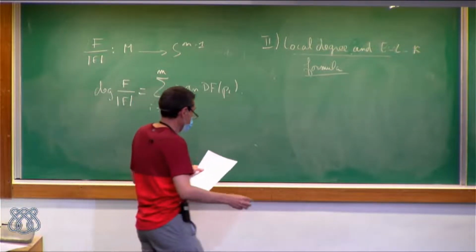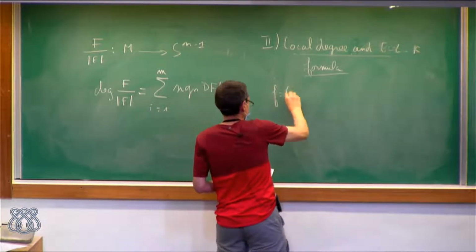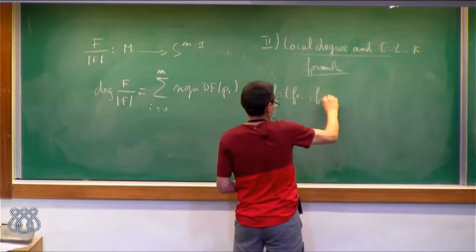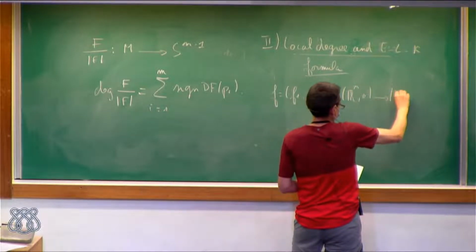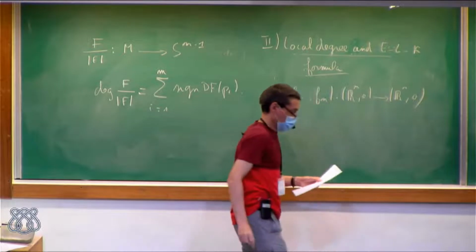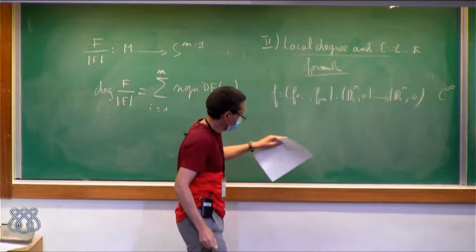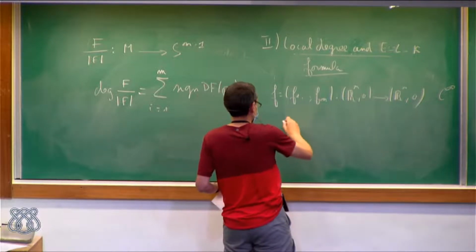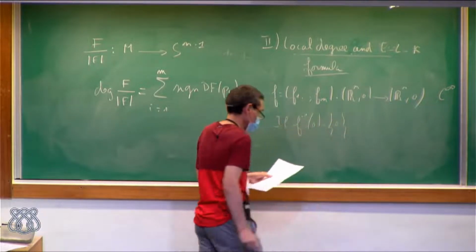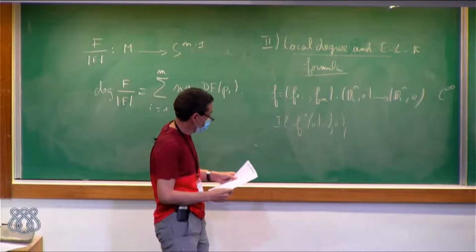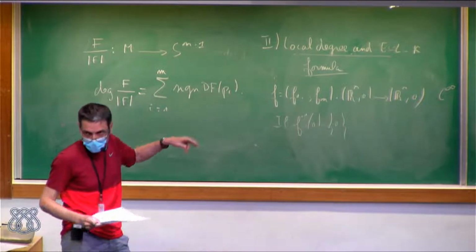So I take a C-infinity map germ from Rn to Rn. So F is F1 to Fn, a map germ, infinitely smooth. If it has an isolated zero at the origin, then we can consider the degree of f divided by its norm on a small sphere.